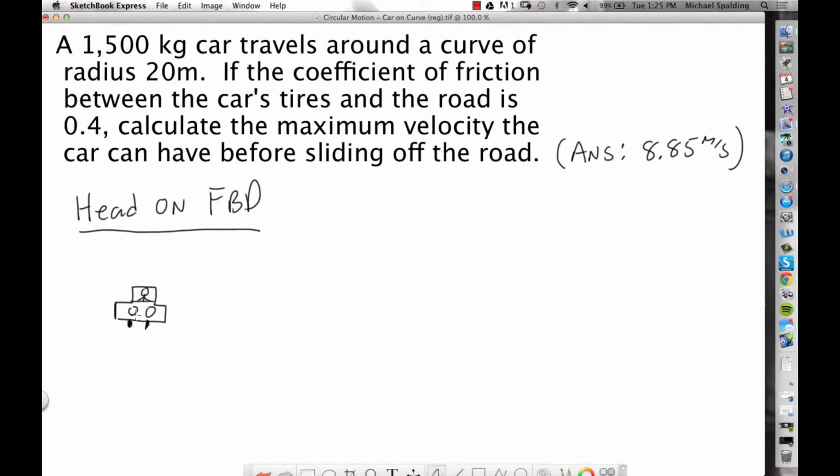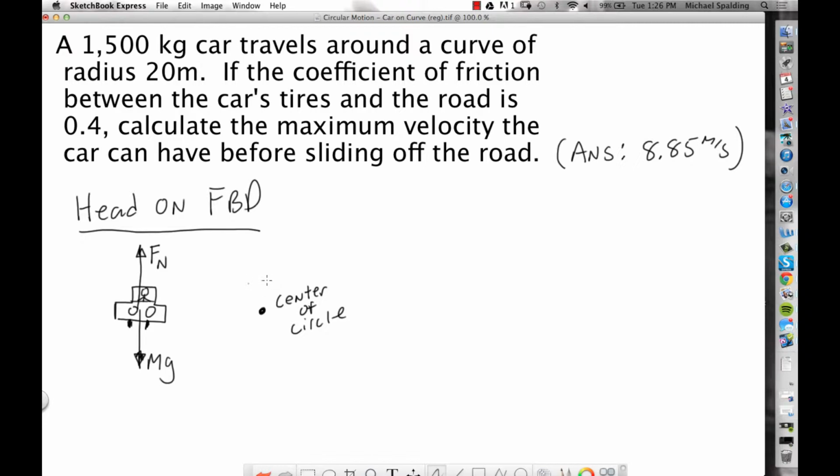Now why is that the best place to be? It's the best place to be because you can see all the forces involved in the problem. We got mg down, we've got normal force up, and then let's say the center of the circle is over here. That dot represents the center of the circular path right there.